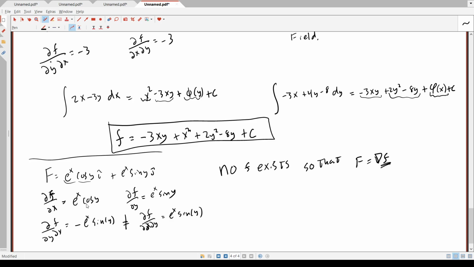So to compare this with things he put in the lectures, this is what he calls P, and the other term is what he calls Q. Okay, so these are what's typically used in the notation. But I think this works just fine.